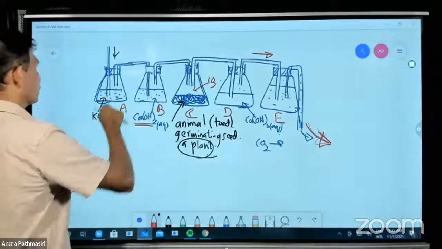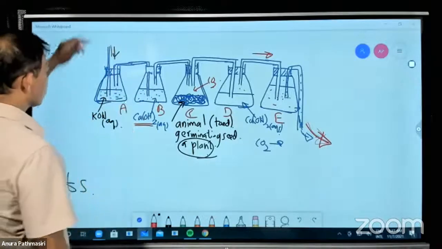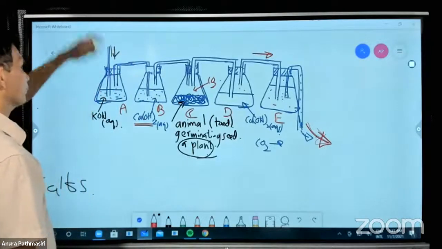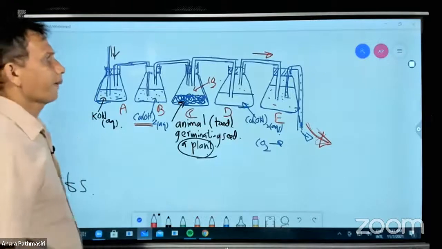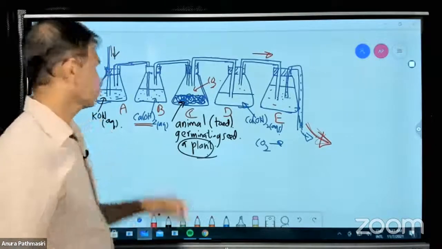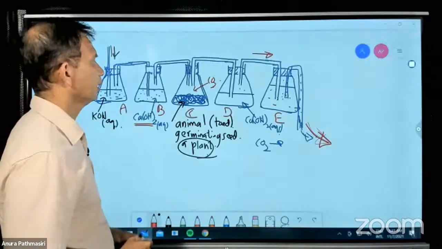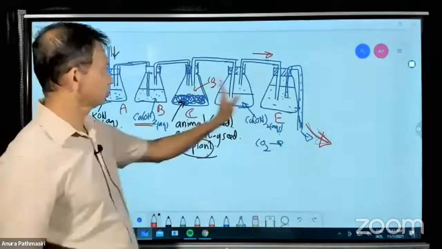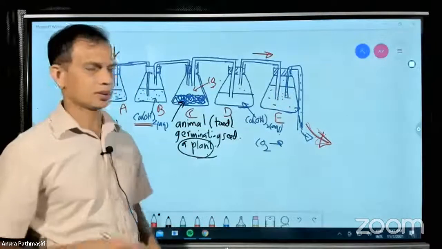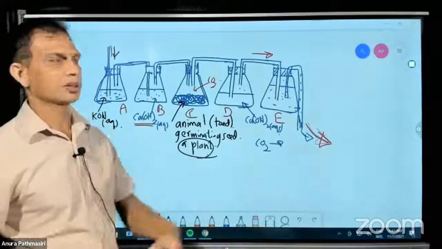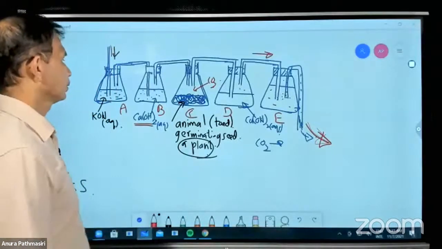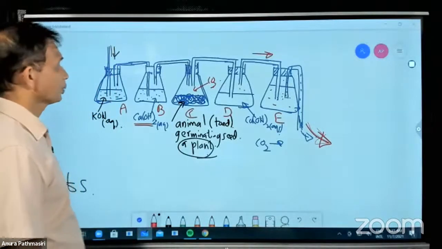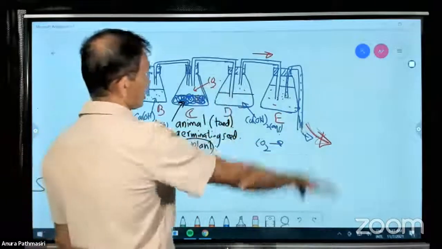And potassium hydroxide is available here to remove the carbon dioxide from the coming gases into the flask. Okay, so that is how the setup is set. The experiment is set over there. The question can be asked by using this setup.